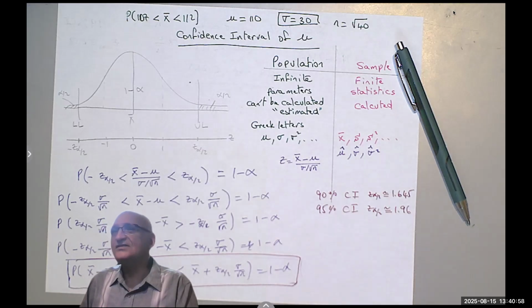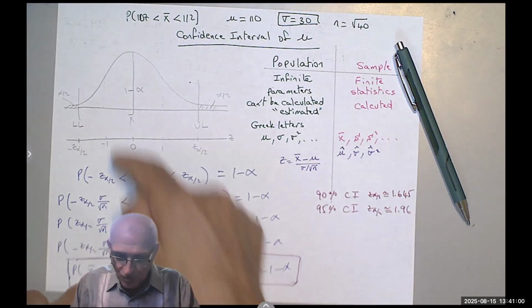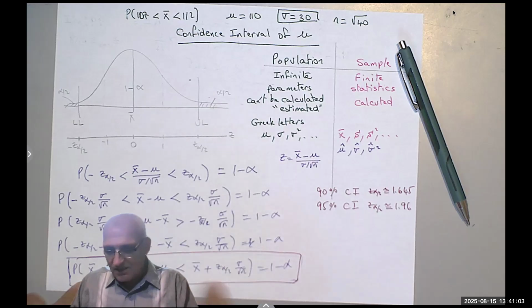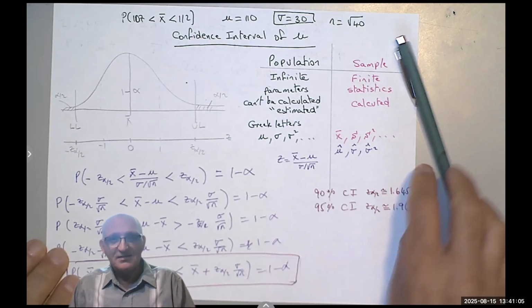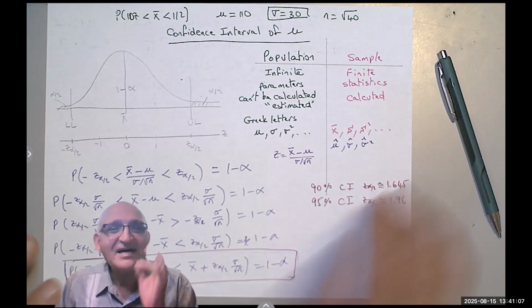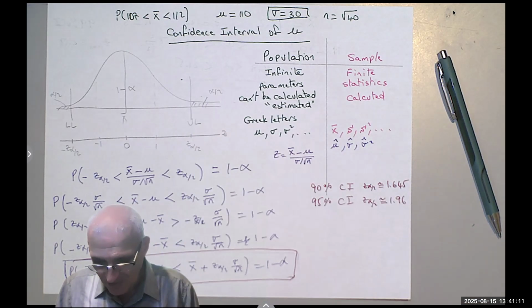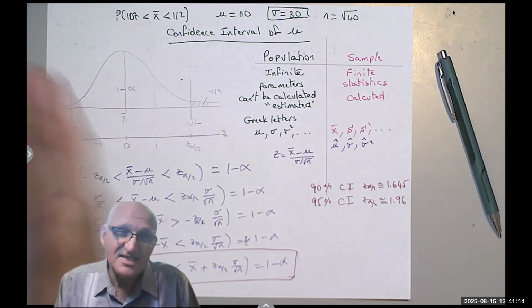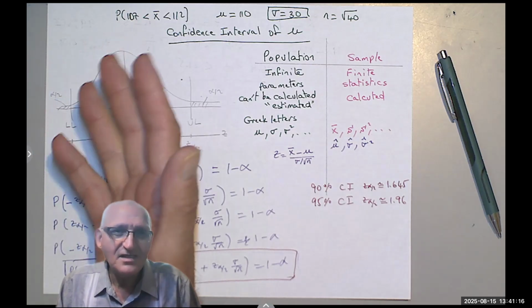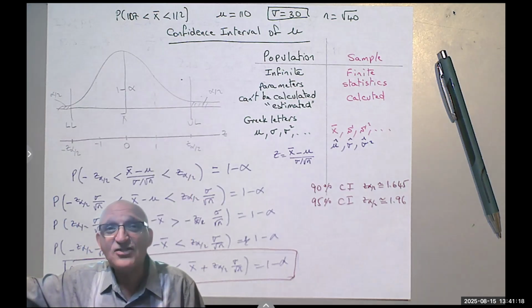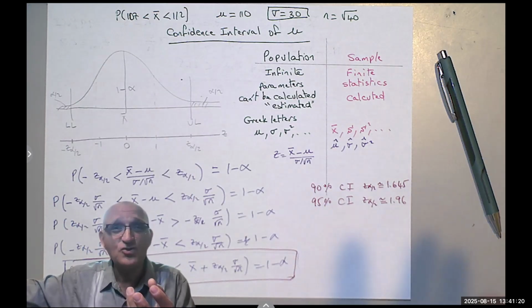Well, consider this an exercise, so you know how to develop the confidence interval. But do you really believe that I have a process for which I don't know the mu? I don't know mu, the mean, which is easier than the standard deviation, right? You see how we calculate. In fact, in order to calculate the standard deviation, we need to know the mean.